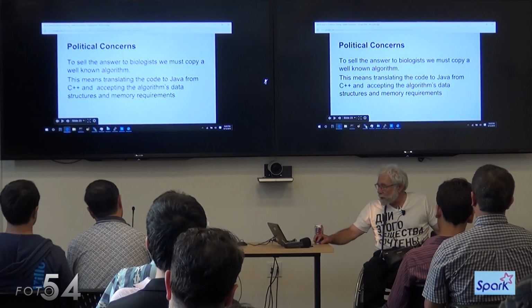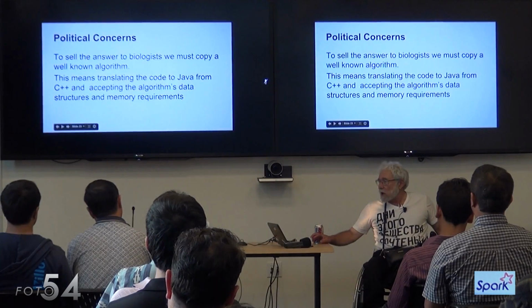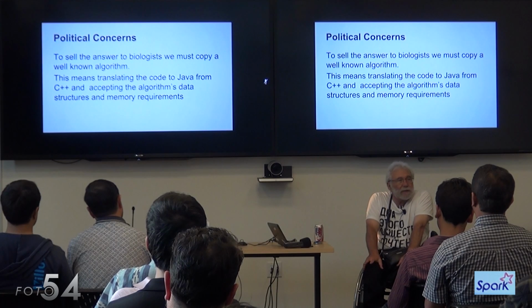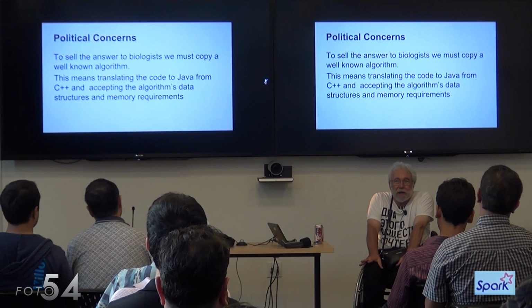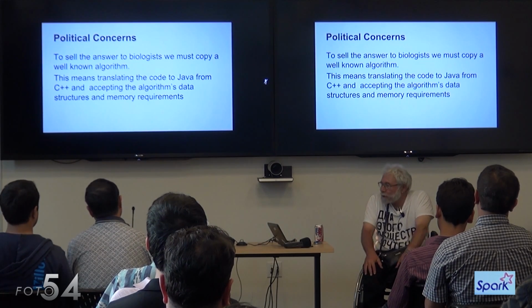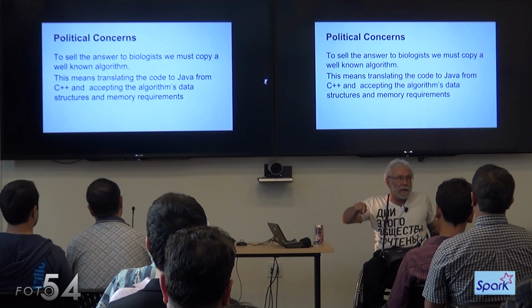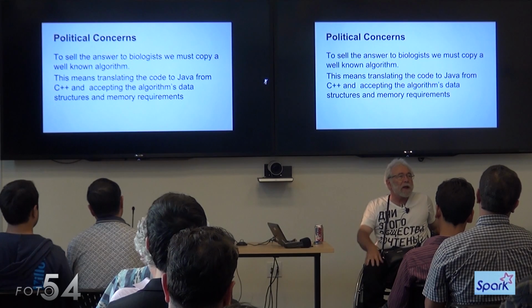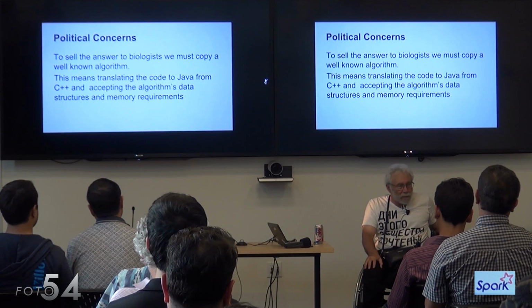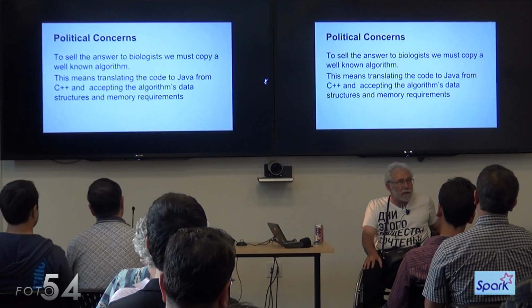Okay, politics. So I have to sell this to biologists when I get done. And this puts some constraints on the system. The biologist said very specifically, here are some programs that we trust. They're in C++, they're written by biologists.